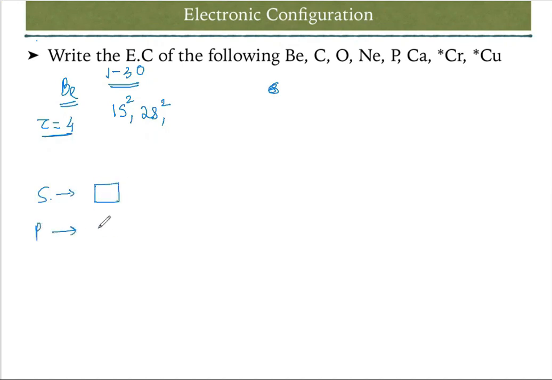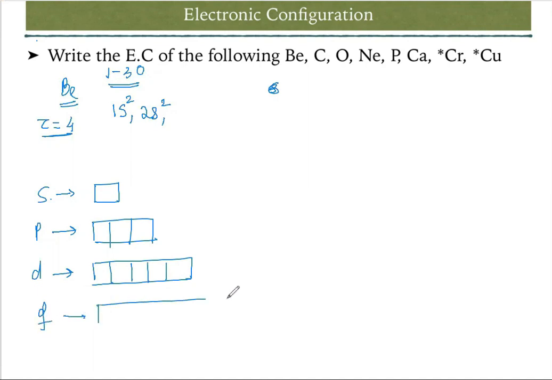For p, it represents three boxes. For d, it represents 5 boxes. And for f, it represents 7 boxes. Okay. If you remember this, it will be easy for you, and you can do this in orbitals or in box diagram. Both are correct. In the box diagram, there is a minor difference. I will tell you what that is.